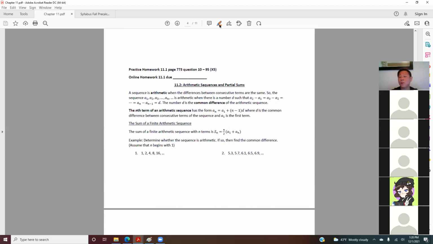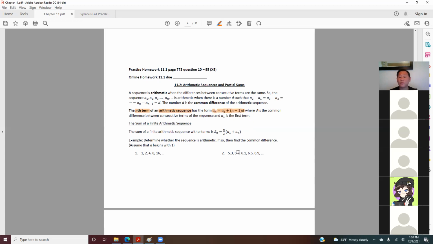I can highlight the formulas here for you. For the arithmetic sequence, if you want to find the nth term, this is the formula: a_n equals a_1 plus (n minus 1) d. a_1 is your first term. d is your common difference. Common difference means the difference from, like here, 5.3 to 5.7.